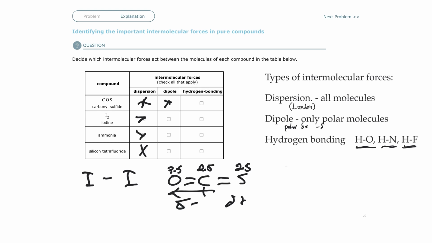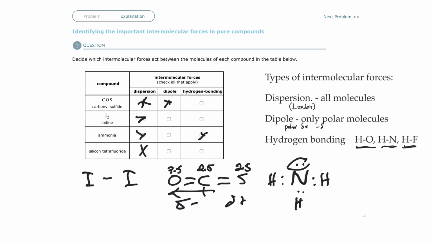So let's look at the third one, ammonia. Ammonia is NH3. Let me do a Lewis structure real quick. Nitrogen has 5 in its outer shell, 1, 2, 3, 4, 5. And then ammonia gives you hydrogens, all right? So I already see that it's going to be hydrogen bonding because I've got nitrogen and hydrogen. Okay, so this is easy. Nitrogen and hydrogen, and the nitrogen has a lone pair.